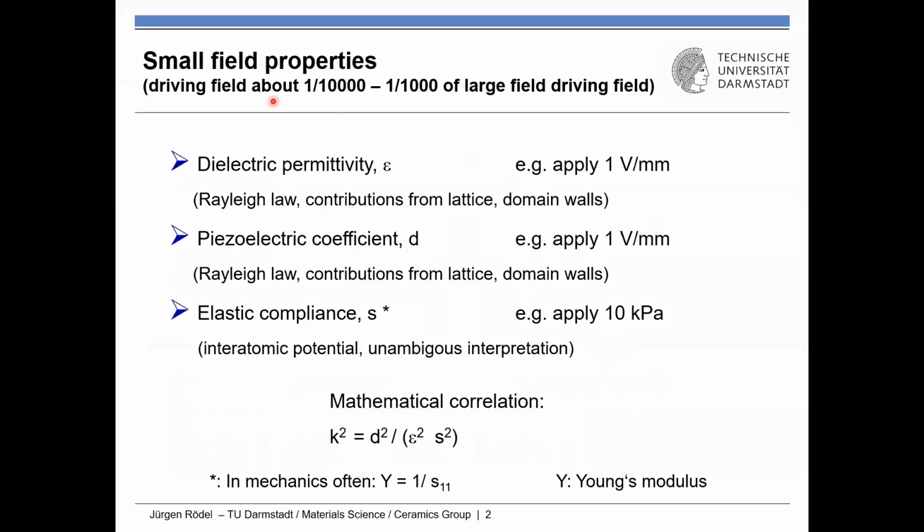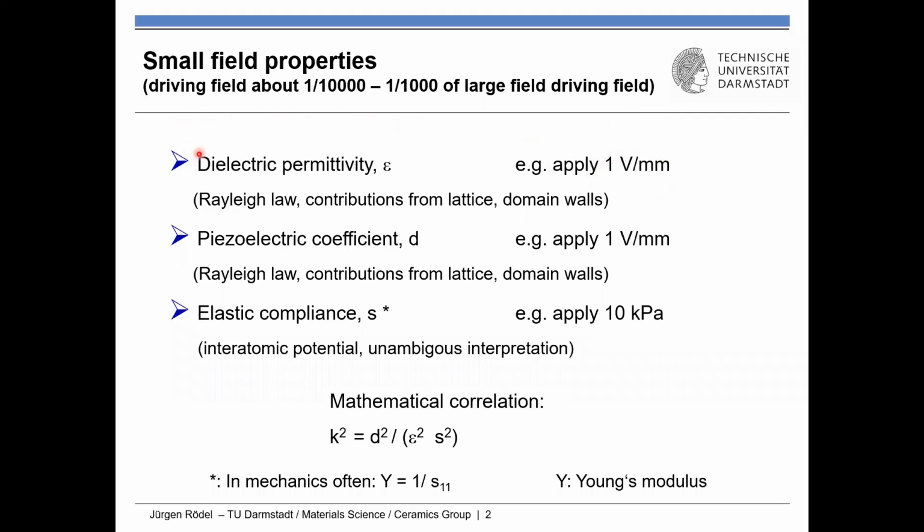So small field properties. Small field, the way we do it, means a field about 1/1000 to 1/10,000 of a large driving field. That means when we usually apply a large field of 10 kilovolt per millimeter, for small we may apply 1 volt per millimeter.